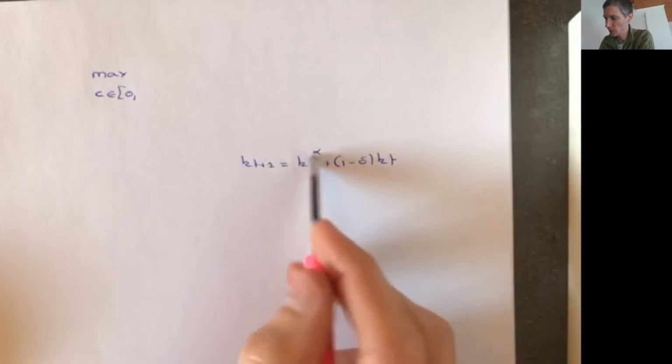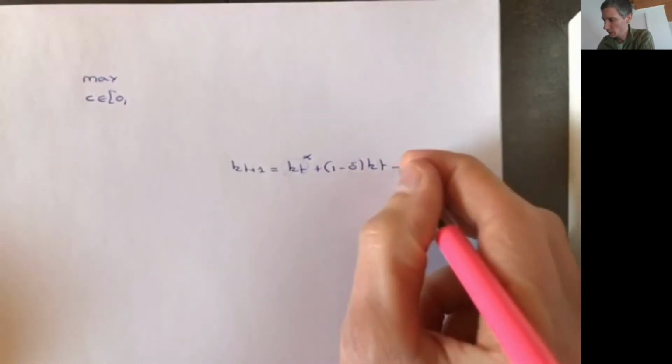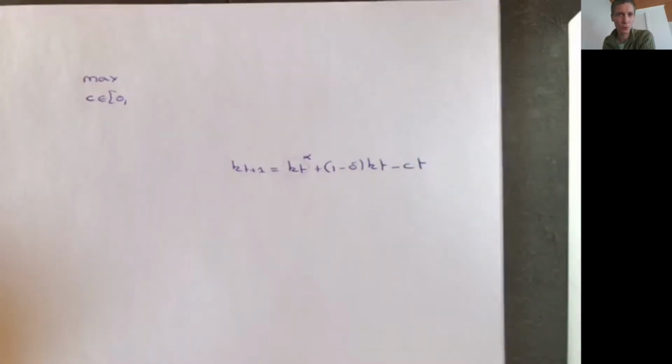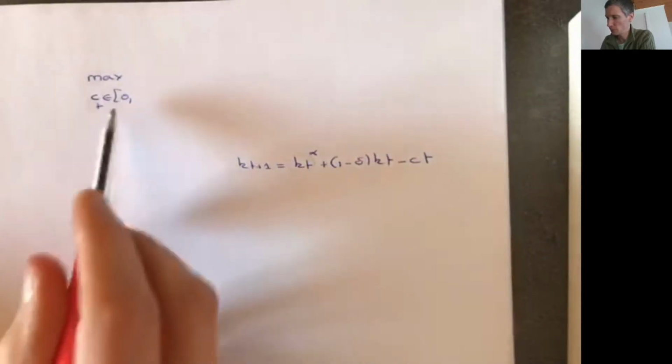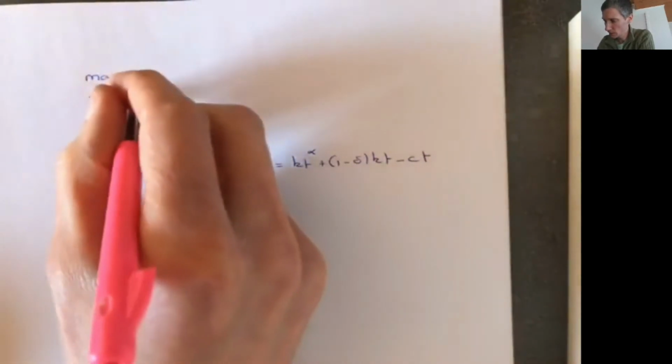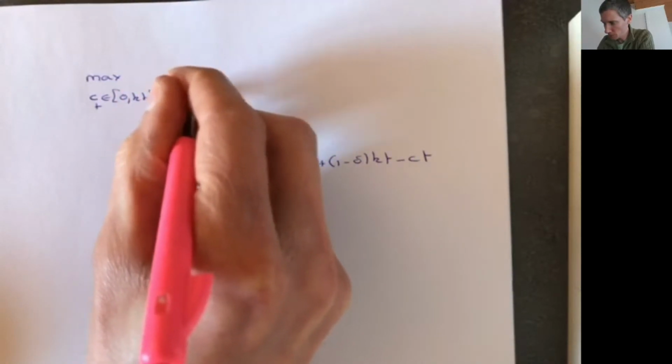And then using the capital stock today, I'm going to be able to produce some output. And then of course I'm going to consume something. So I'm using c t. c t is going to be between 0 and k t to the alpha plus 1 minus delta k t.